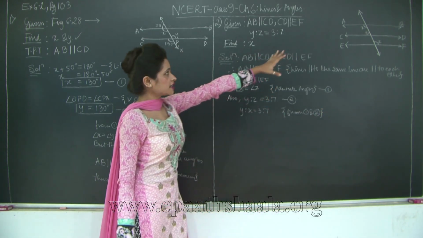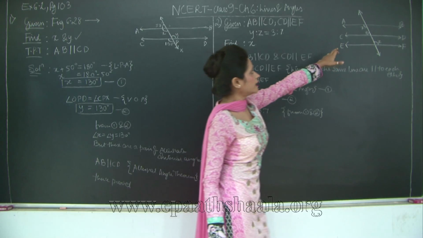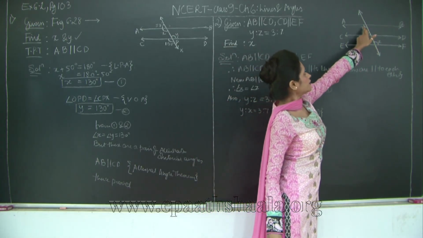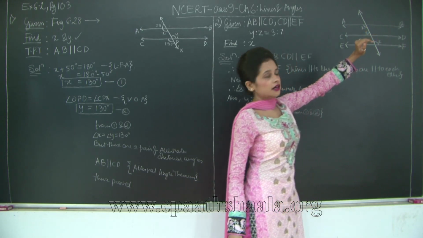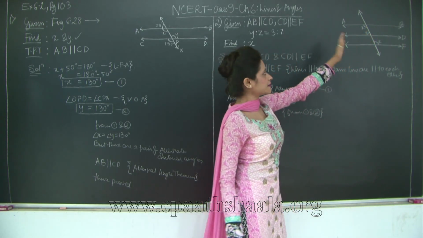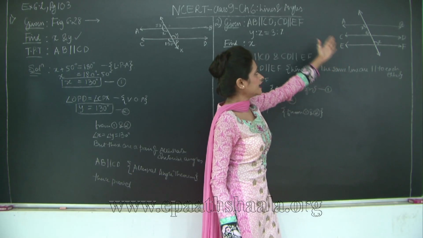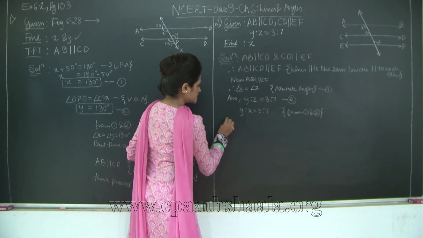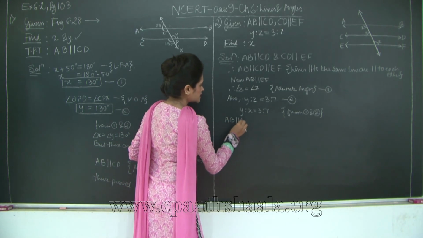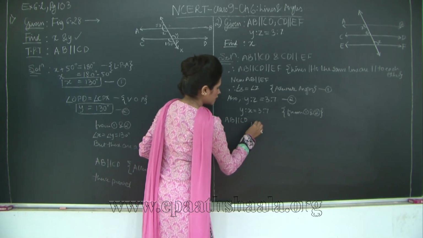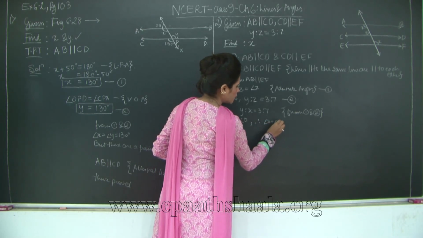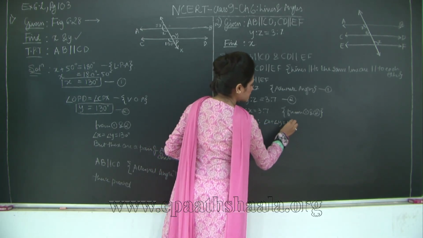So now let us shift our focus to x and y. If you see that AB and CD are parallel to each other, therefore x and y are the pair of interior angles on the same side of the transversal. So what can we say? x plus y is 180 degrees. So AB is parallel to CD. Therefore angle x plus angle y is equal to 180 degrees.